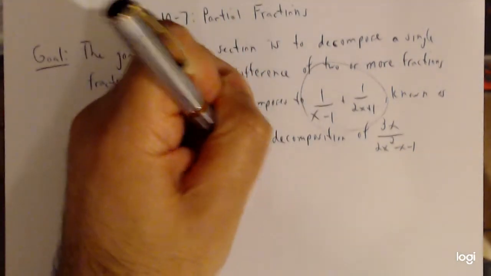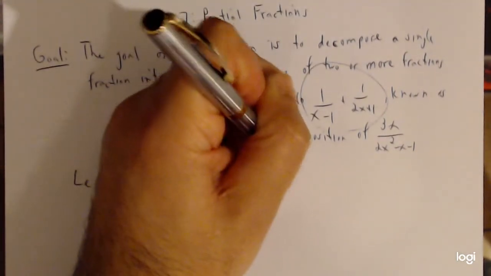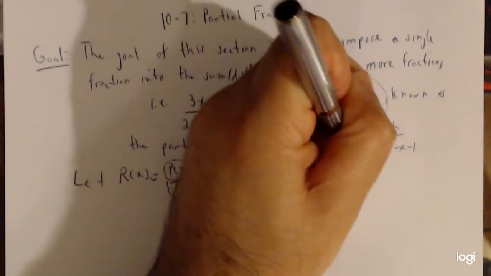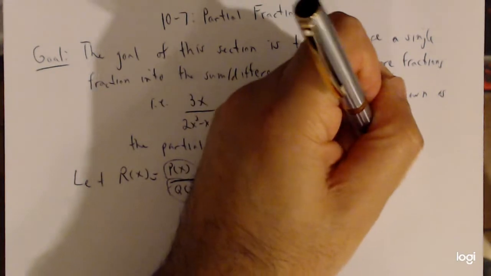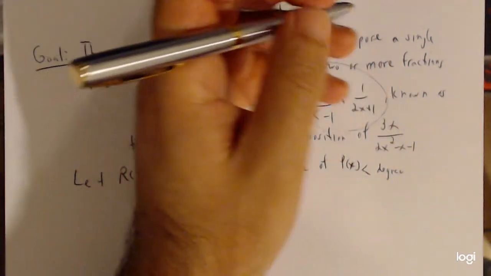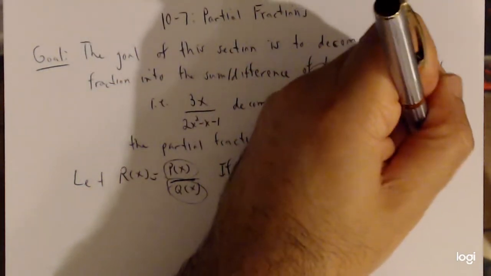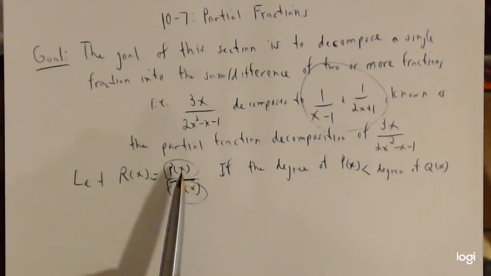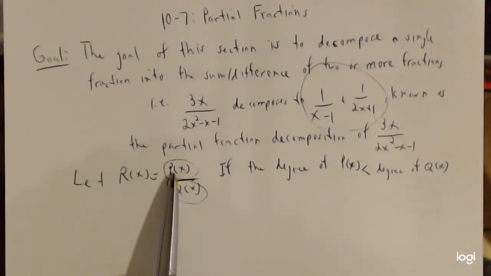So if the degree of P of x is less than the degree of Q of x, what are we saying here? The degree of the denominator is greater than the degree of the numerator.